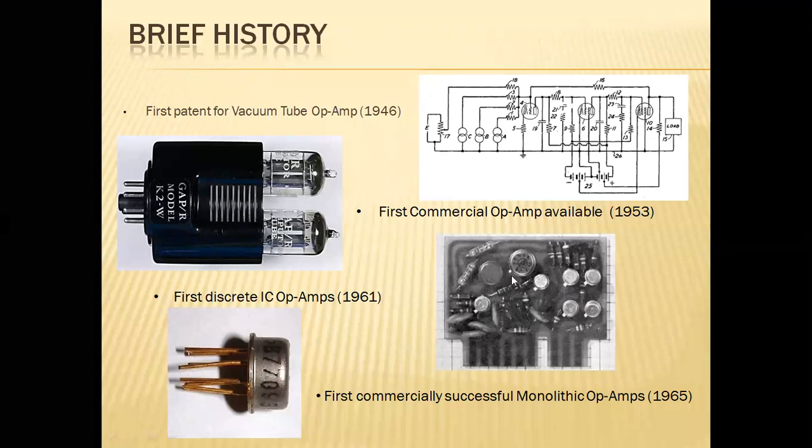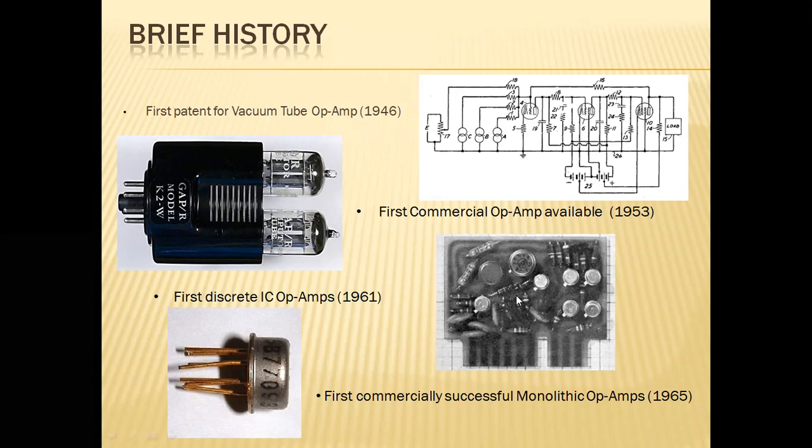of the components which have been arranged on the motherboard, and these motherboard connections in the form of a circuit system have been identified here, but with slight variation as per the generation. The first patent on vacuum tubes was developed in the year 1946. Later on, in 1953, the first commercial operational amplifiers came into existence.